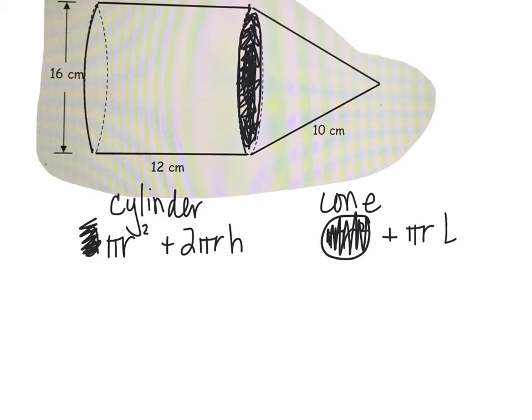So we can't add them into our formulas. So I'm just going to use this formula, pi r squared plus 2 pi r h, and this formula, pi r l, in order to find my surface areas. I have a radius of 8 and a height of 12, and this is my slant height, so I have everything that I need to do these calculations.